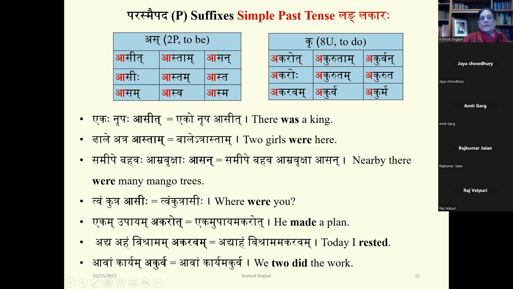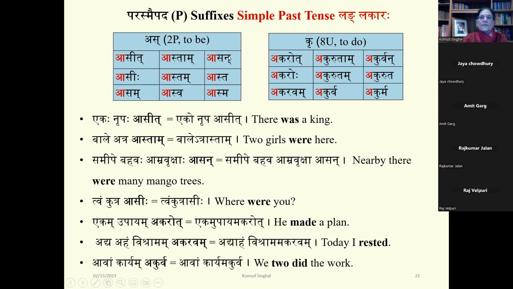So girls, remember bala, bale, balaha, two girls. Bale, atra, astam. Two girls were here. So here you have a sandhi, bale atra, like purvarupa sandhi, a will be deleted, and this tra and a will be tra.